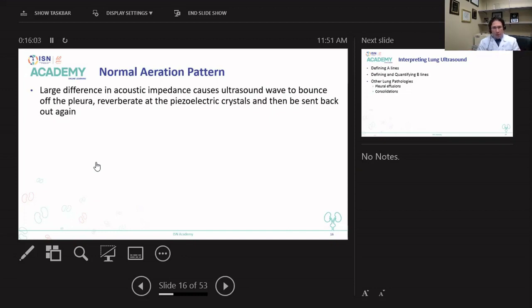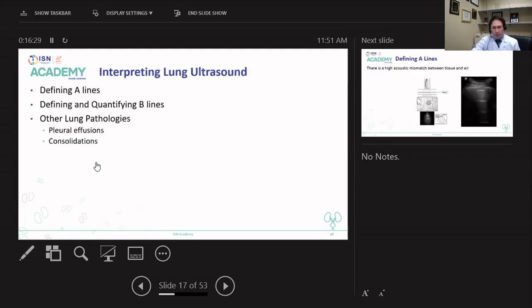And so when an ultrasound wave hits the underlying air, there's a huge difference in acoustic impedance between the tissue and air. And so the ultrasound wave goes back to the probe, reverberates, and comes back. And it makes the machine think that there is another pleural line deep to the pleural line. That's called your first A line.